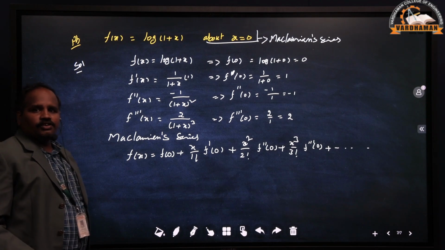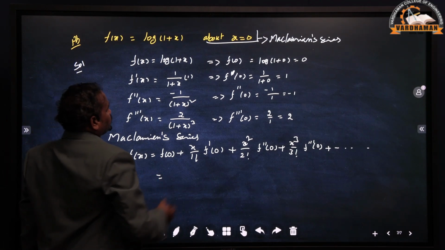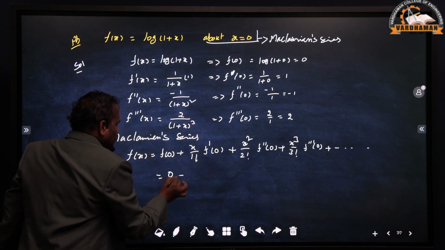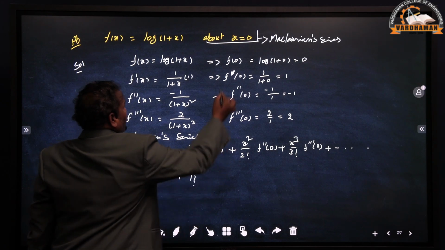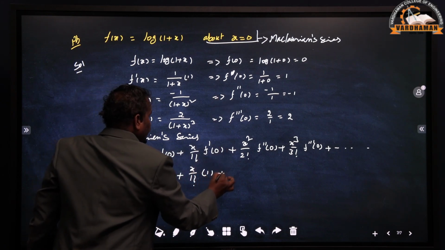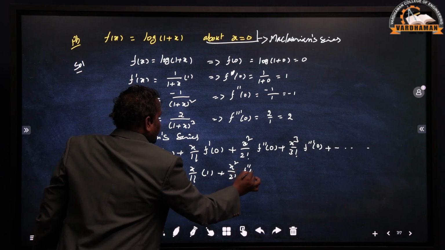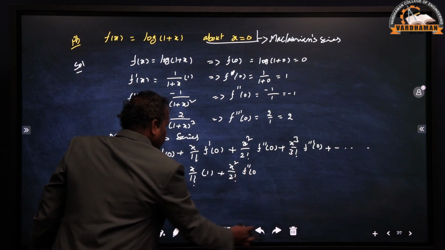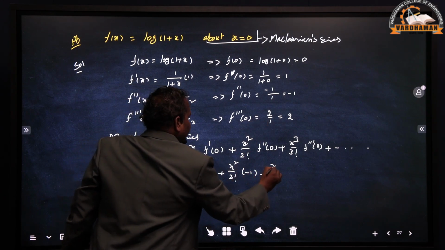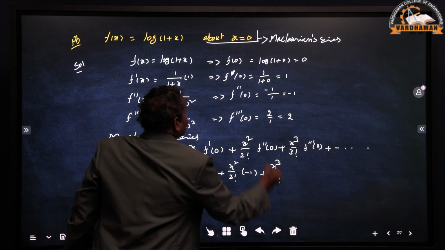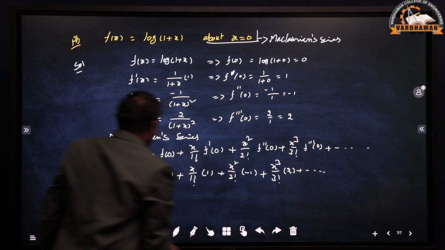Substitute the values of f of 0, f dash of 0, f double dash of 0, f triple dash of 0. F of 0 is 0, plus x by 1 factorial, f dash of 0 is 1, plus x square by 2 factorial, f double dash of 0 value is minus 1, plus x cube by 3 factorial, f triple dash of 0 value 2 plus and so on.